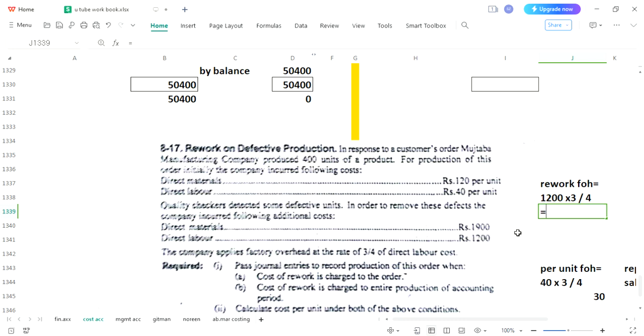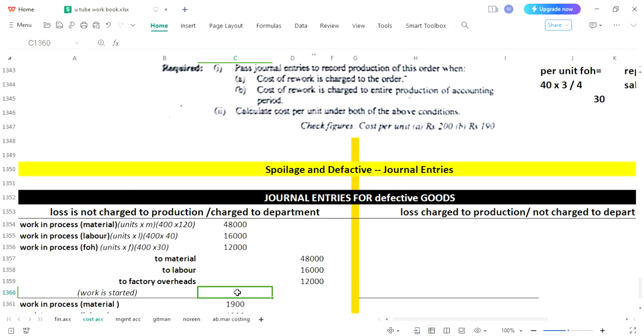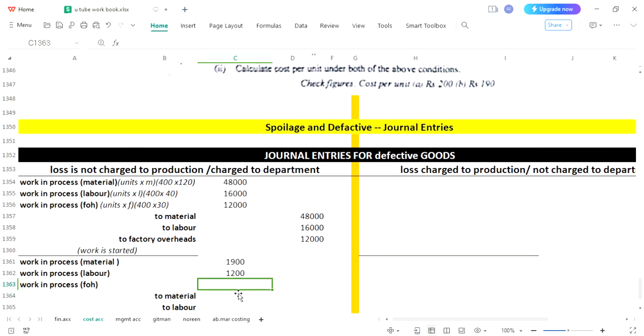Statement would be calculated now. 1200 multiply by 3 divided by 4. In this way our calculation has been completed. So rework FOH is 900. Here is your rework and the amount you have calculated was 900. Put it over here.